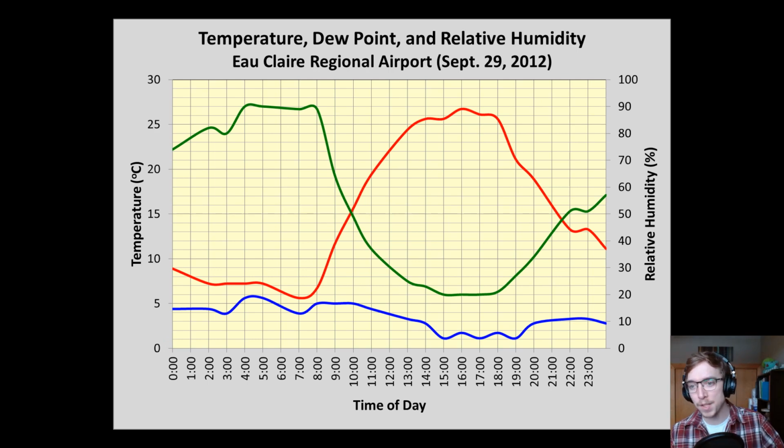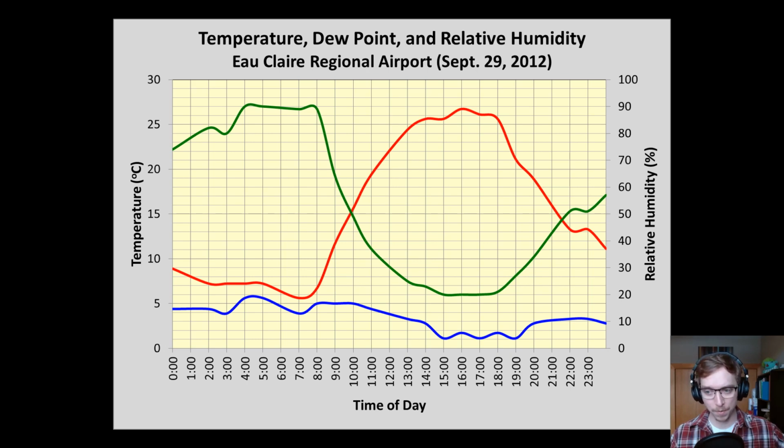Now, if we look at relative humidity, because all you're doing is calculating these things out, it does exactly that. We see it peaking in the morning, right around 90% relative humidity, dropping off substantially as the day warms. So you're having an increasing gap between your dew point and your air temperature.